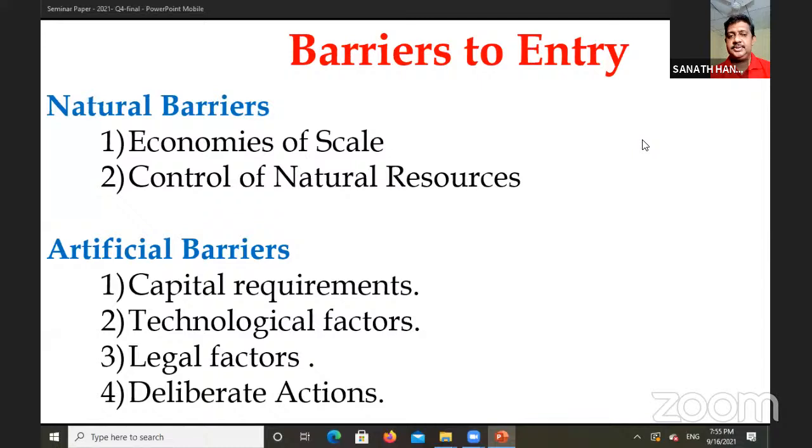Barriers to entry can be created by a number of factors.